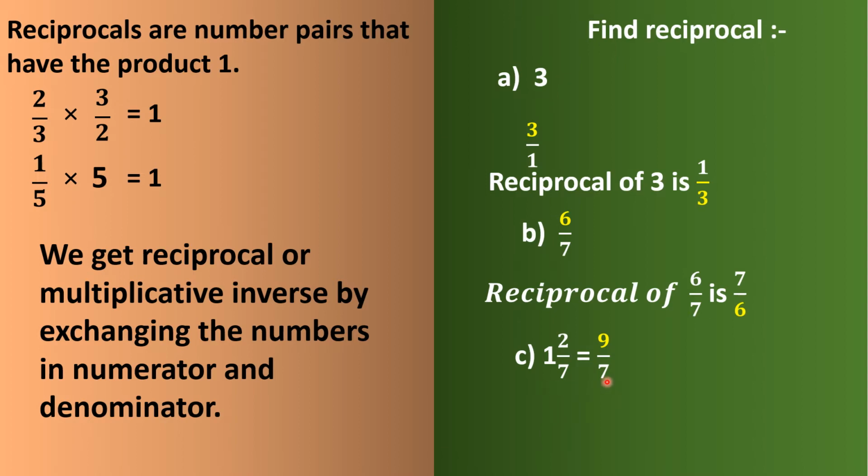Now we can easily find the reciprocal of 9 by 7 by exchanging the numerator and denominator. It means this numerator 9 will be the denominator and this denominator 7 will be the numerator. It means the reciprocal of 1 and 2 by 7 is 7 by 9. So it is very easy to find the reciprocal or multiplicative inverse for any number.